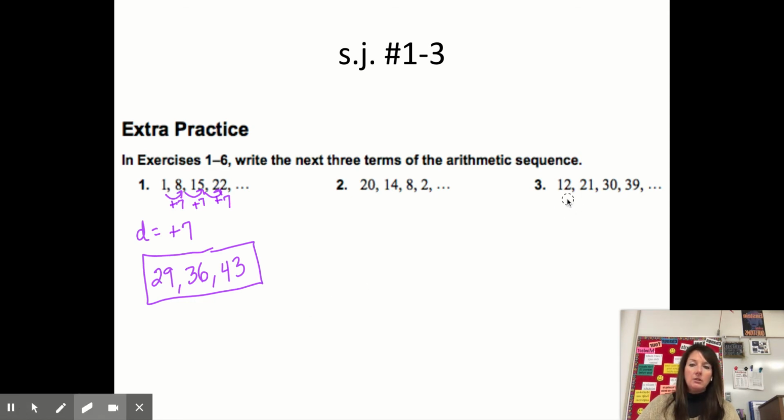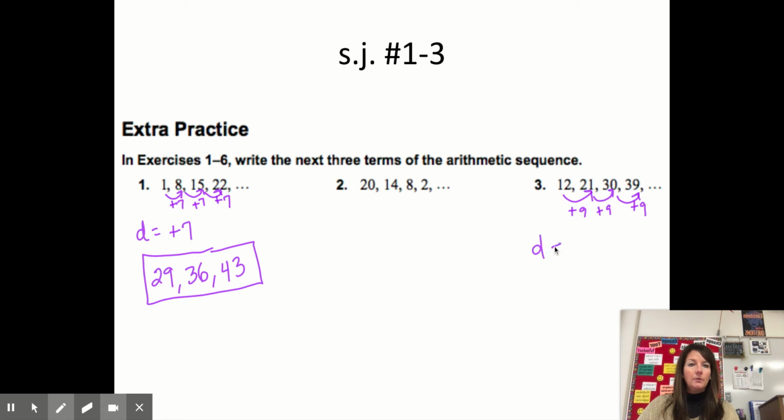So moving right along to number 3. I'll do another one. Here we go. We have from 12 to 21 is going to be plus 9. 21 to 30 plus 9. 30 to 39 plus 9.